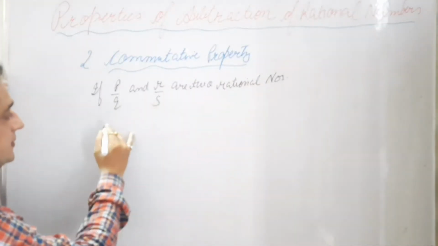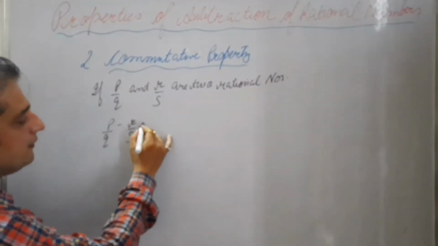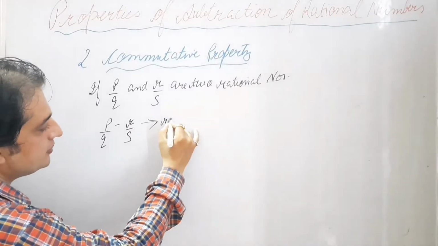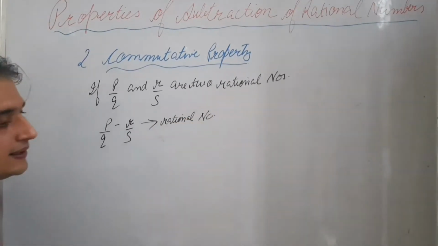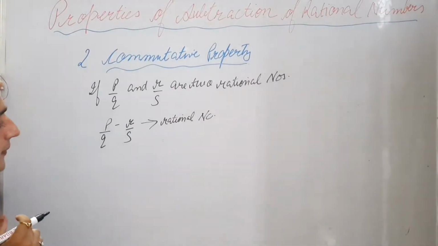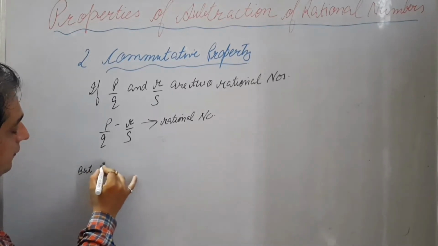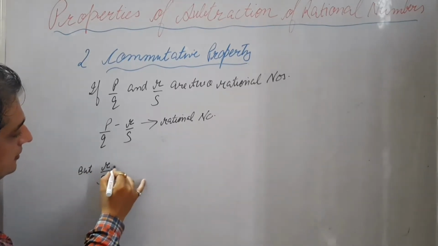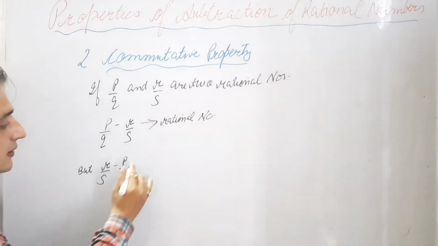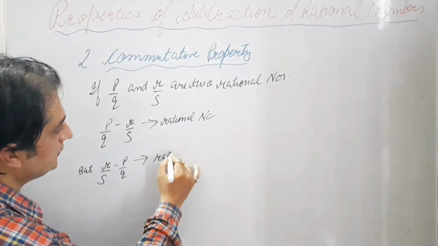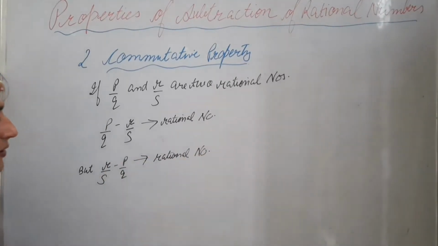If I take the difference P by Q minus R by S, I will get a rational number, as we already discussed in property number 1. But if I take R by S minus P by Q, the difference is again a rational number, because the difference of two rational numbers is always a rational number.